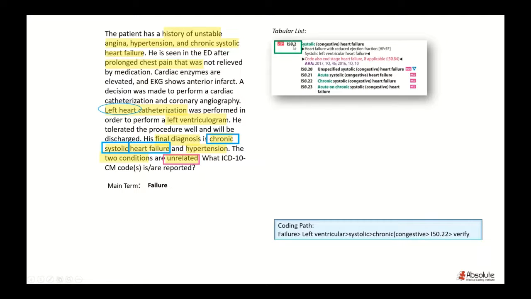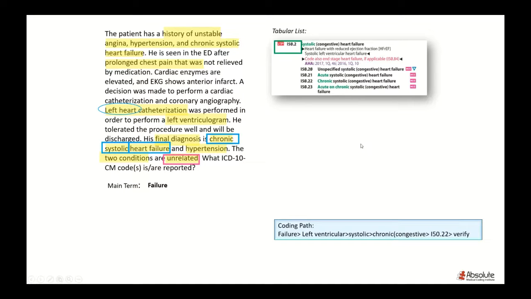Here it is, I50.2. Some of you stop there, but it's always a good habit to reference that red box there. It's telling you that you need 5 digits to code this, and that I50.2 does not fulfill that yet. So you're going to have to go down and identify the specific type of systolic congestive heart failure you're coding for.